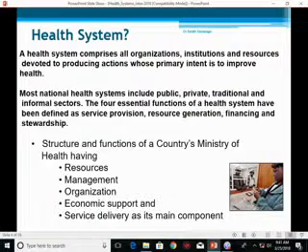So, the structure and functions of a country's Ministry of Health have various resources. There is management, there is some organization, then we need some economic support, and then the service delivery. So these are the various components in the health system, structure and functions.